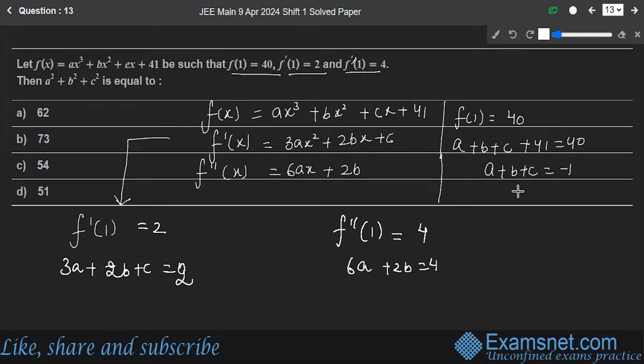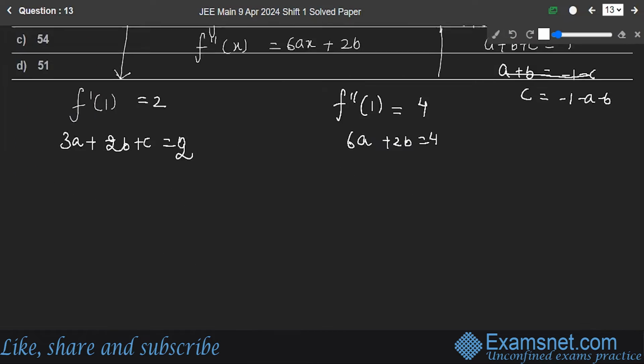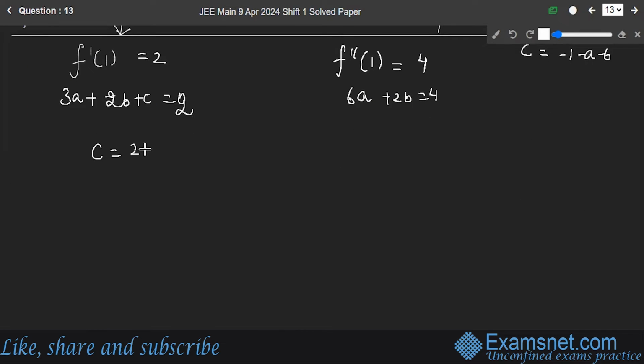From here, you have a plus b is equal to this. Okay, and c is equal to minus 1 minus a minus b. And from here you have c as 2 minus 3a minus 2b.